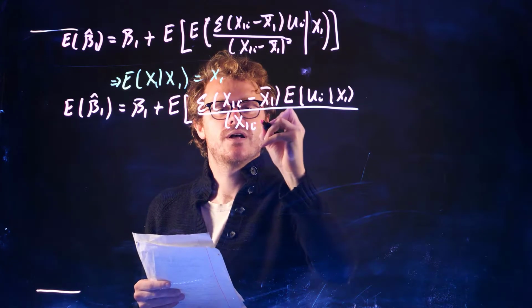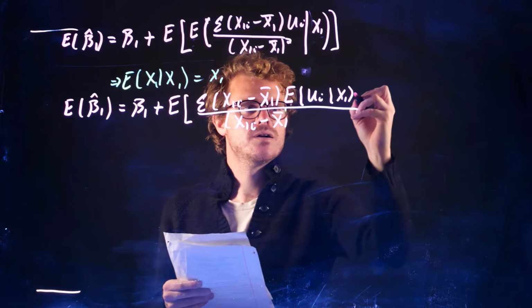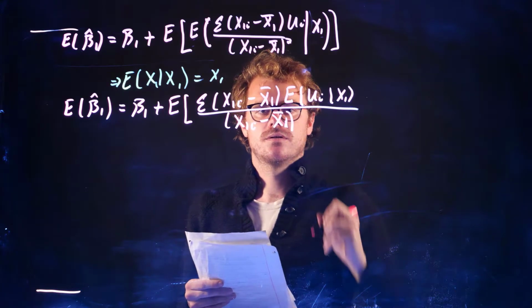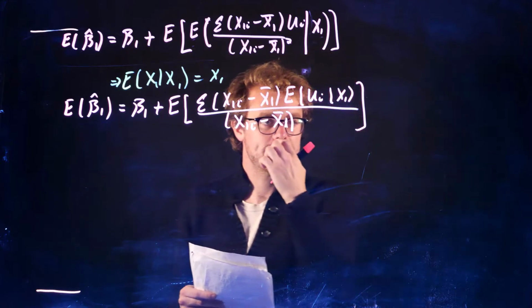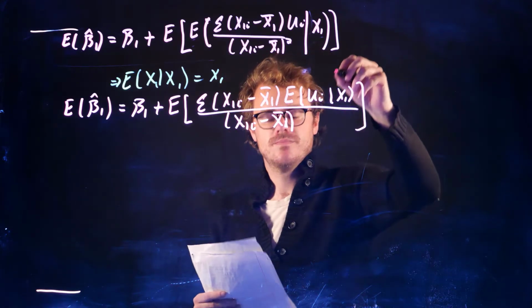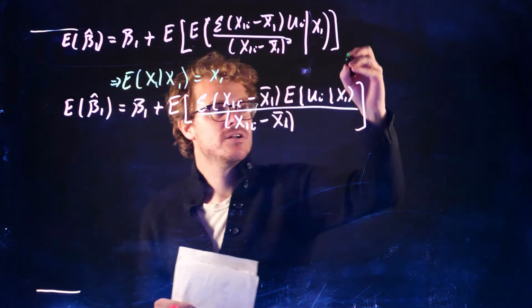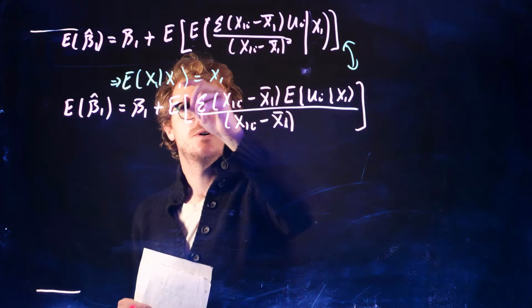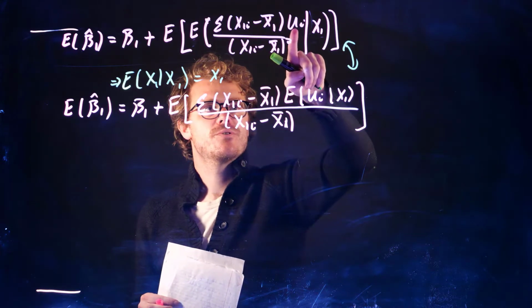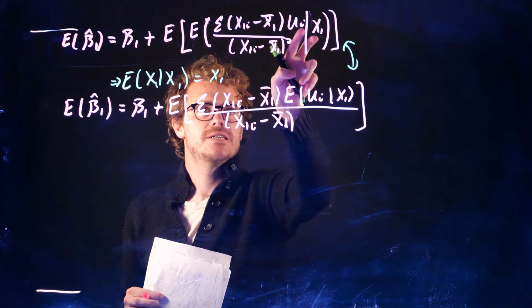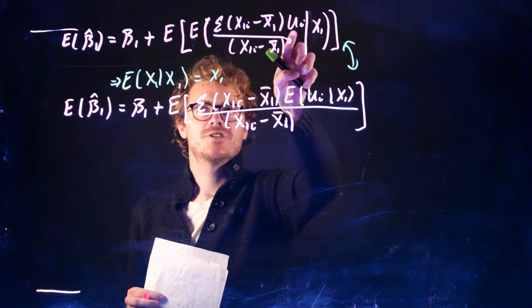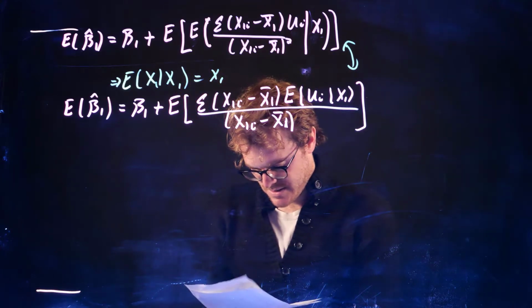And then we have (x1i minus x1 bar), and then the end of that bracket. So from here to here, we're just using this rule to bring this expectation through, but it gets stuck right there. So we're going to have to use an assumption we made about the expectation of u given x.